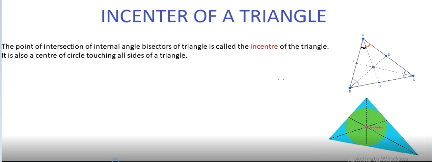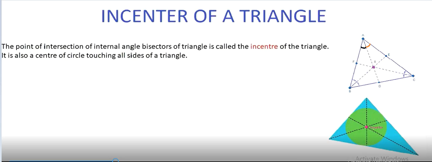We can also define incenter of the triangle in another way. That is, it is also the center of the circle touching all sides of the triangle. I have shown this in the second figure. Here, consider this figure. This is the circle that touches all sides of this triangle, and the center of this circle is called the incenter.